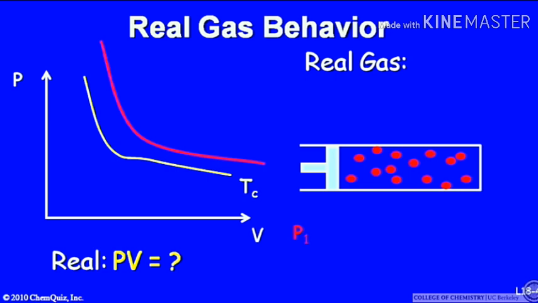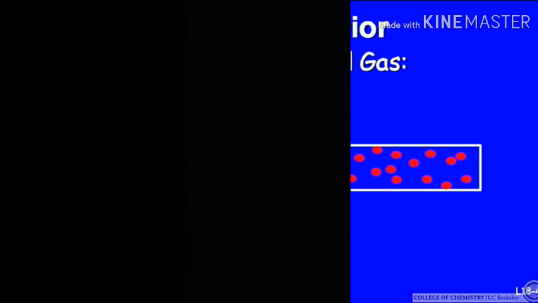Above the critical temperature, gases behave like ideal gases, and below the critical temperature, they behave like real gases. So what is real gas behavior? Let's look at an isotherm significantly below the critical temperature.